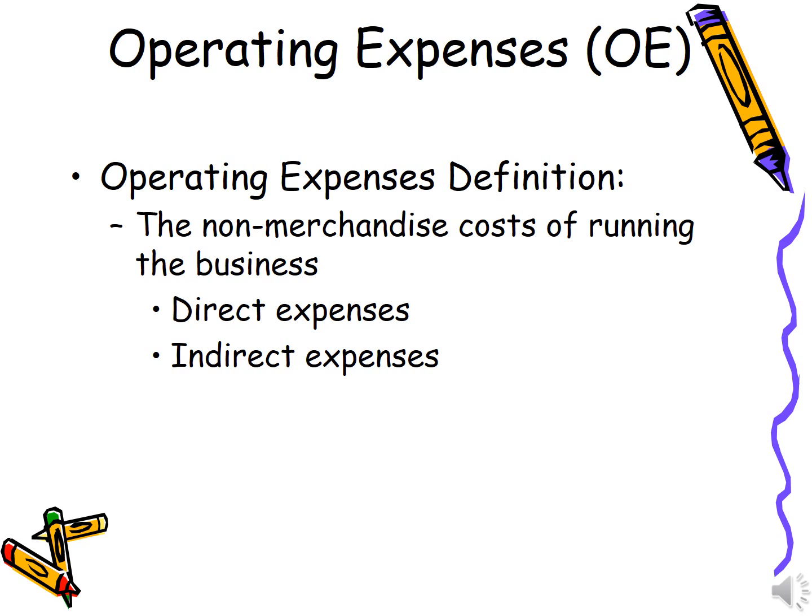All the expenses or costs that are involved in the non-merchandise business operation. So it is defined as the non-merchandise cost of running the business. So any other expenses and costs besides the cost of goods sold will be considered as operating expenses. A lot of times we break down operating expenses into two categories: direct expenses and indirect expenses.